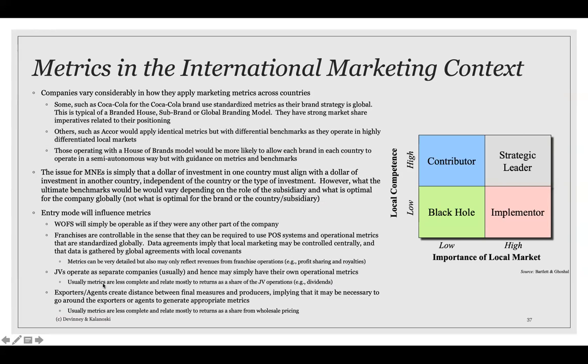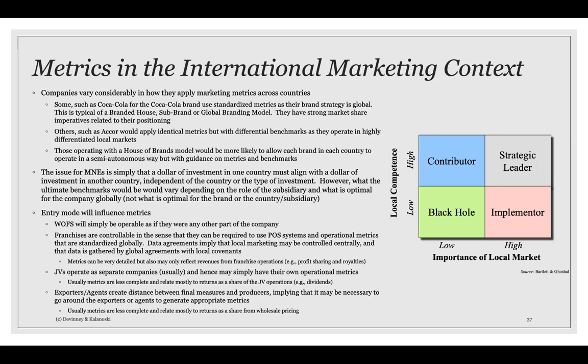And then finally, the whole point of metrics in the marketing context is that there is a lot of variety, and that variety is related to the underlying strategy of the organization. Some companies have very standardized metrics. Others apply identical metrics but use different benchmarks. Some use a variety of different mechanisms or metrics in different countries.